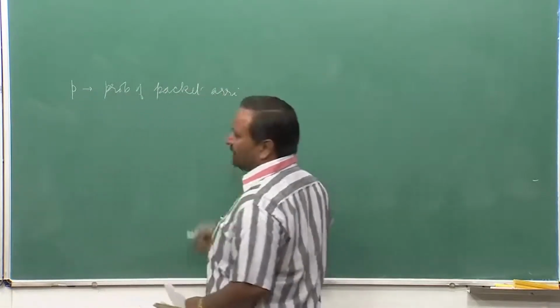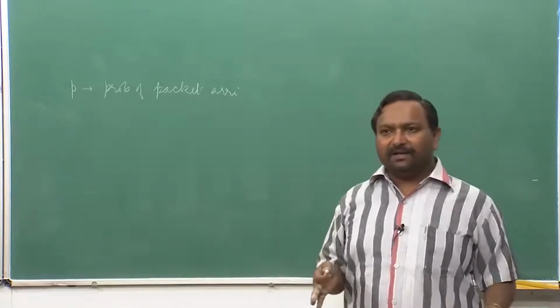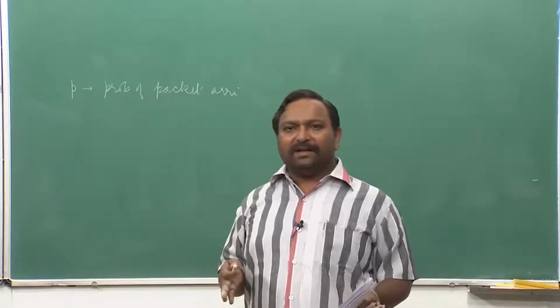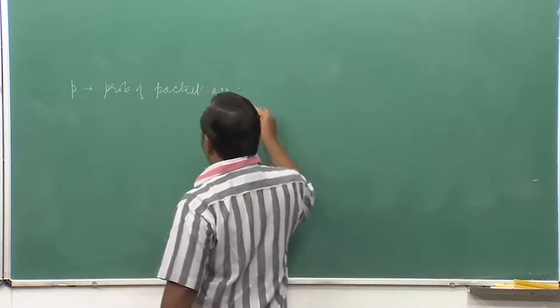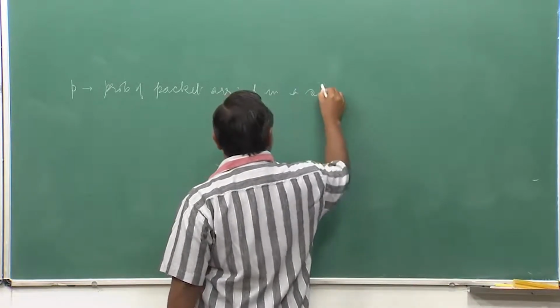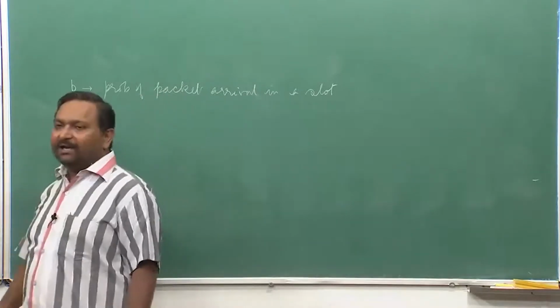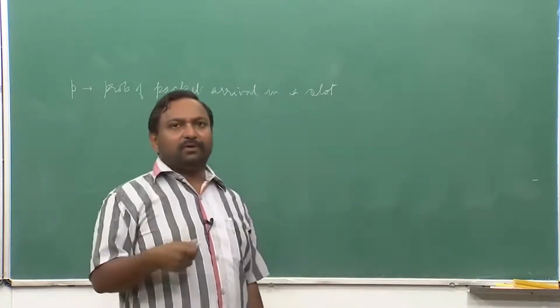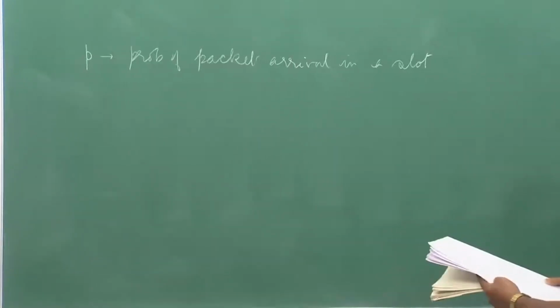We do not use arrival rate like lambda and Poisson statistics. Now everything is slotted. In a slot, either the packet will come or packet will not come. These are the only two things which will happen. So probability of packet arrival in a slot will be P. That is going to be our parameter with which we are going to look into the performance of the switch.